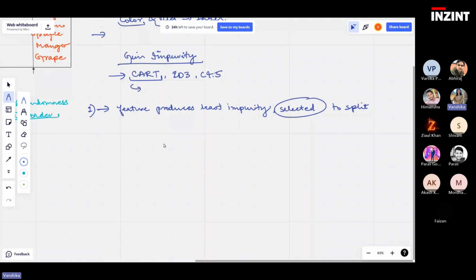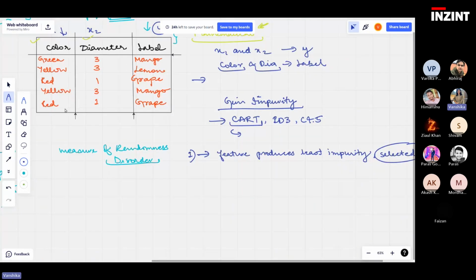Right now I have two features, color and diameter. I'm going to calculate the Gini impurity for the two, and whichever feature has the least Gini impurity, I'm going to consider it as the splitting criteria. Do you get the drill? Please give a thumbs up if you understand.